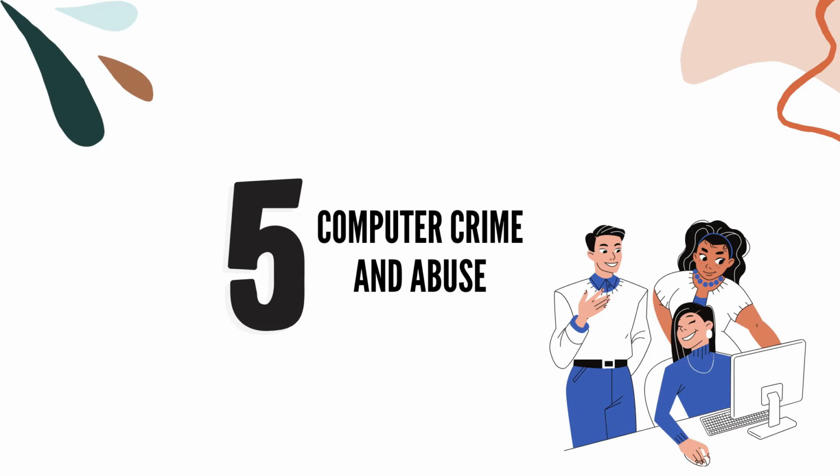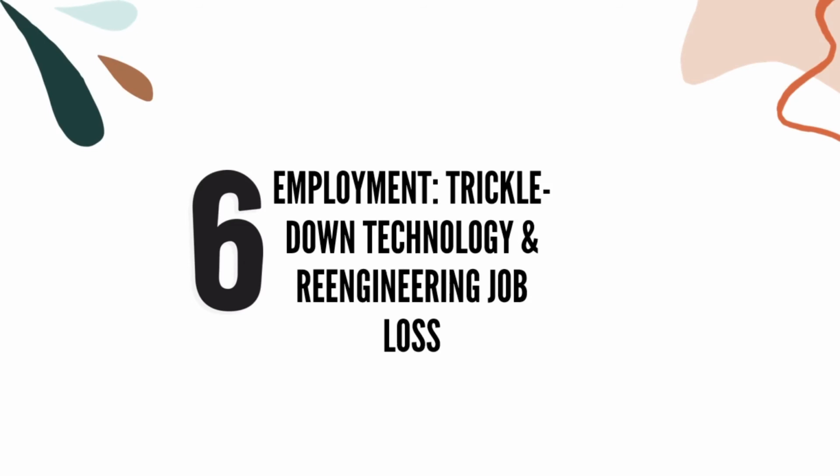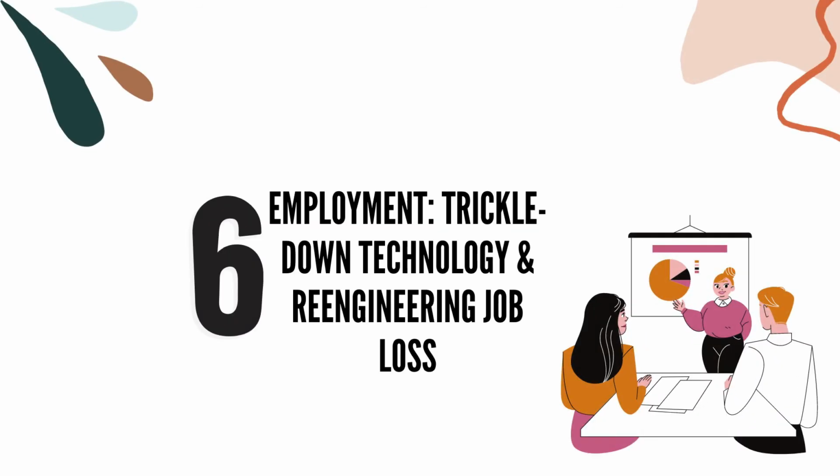Computer crime is the commission of illegal acts by using a computer or against a computer system, for example, accessing a computer system without authorization. Computer abuse is the commission of acts involving a computer that may not be illegal but are considered unethical, such as spam.